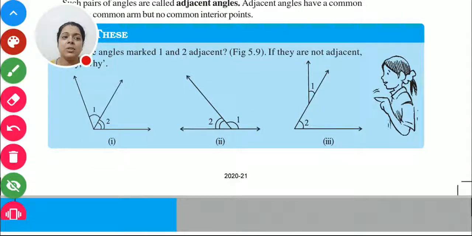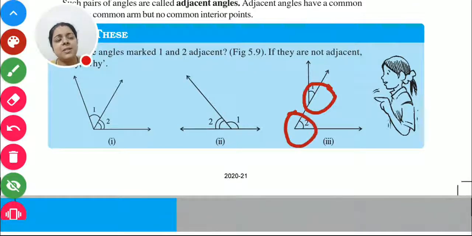But let's see the third one. Is it having this common line? Yes, it has a common arm. But is it having the common vertex? Its vertex is here and its vertex is here. No, it's not having the common vertex.